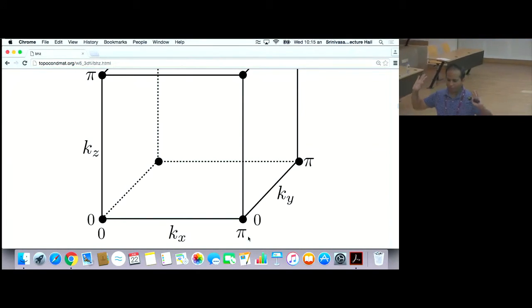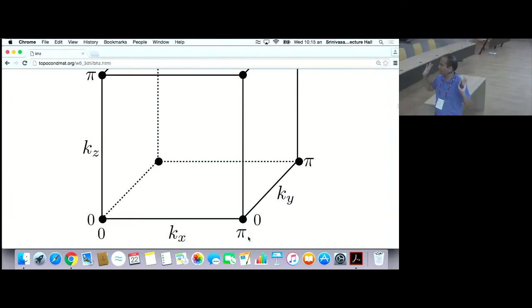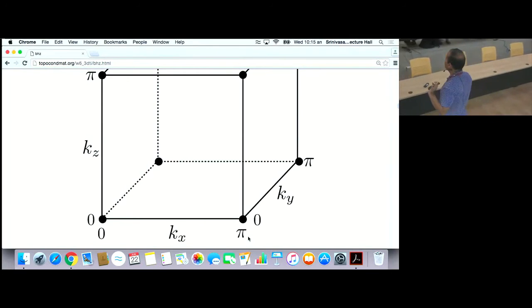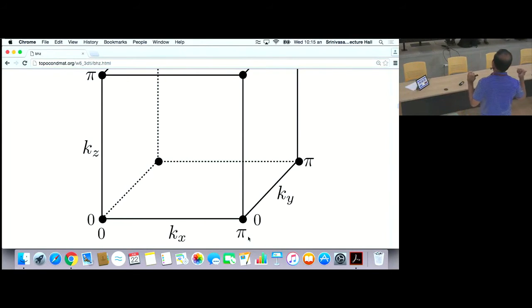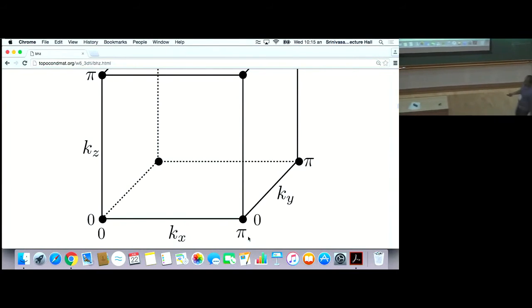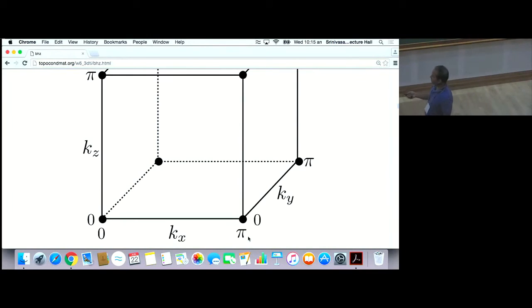No Chern number, because I have time reversal. I have preserved time reversal invariance. So the Chern number for each plane is 0. So I have to think about the symmetry class that I am in now, which has time reversal. And so the time reversal topological invariant Q is the total parity of each of these time reversal invariant points.